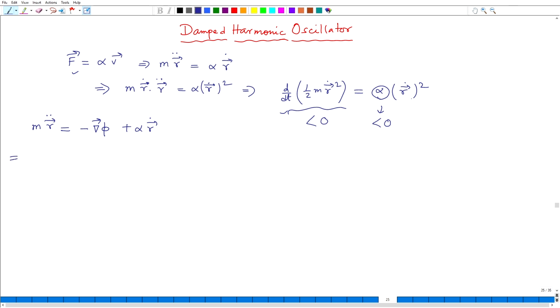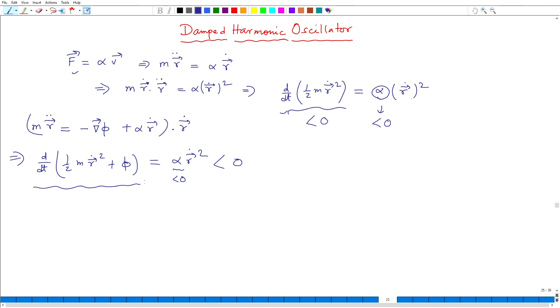Then, just by doing the dot product with r dot, you can show that d/dt of half m r dot square plus phi is equal to alpha r dot square, and again if alpha is negative, then it is negative. So you can also say that here the total mechanical energy is dissipating.